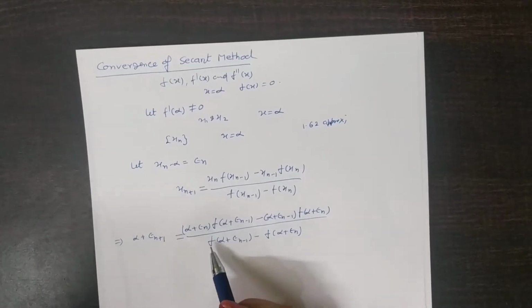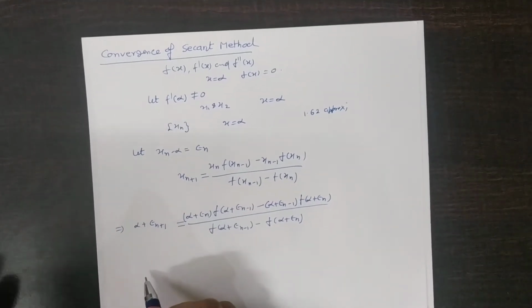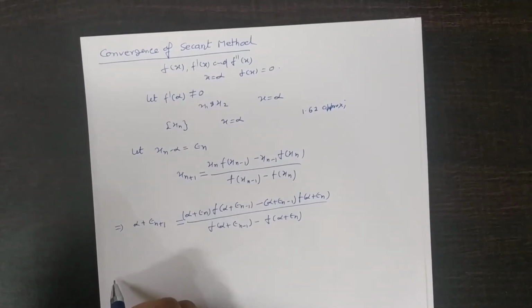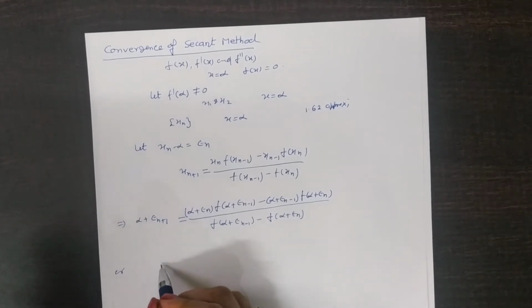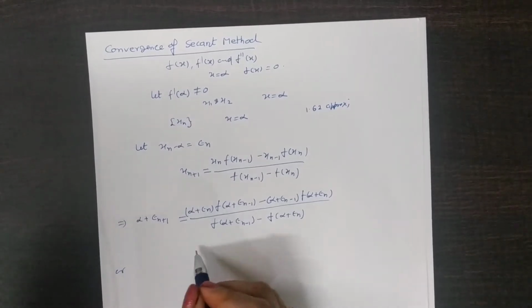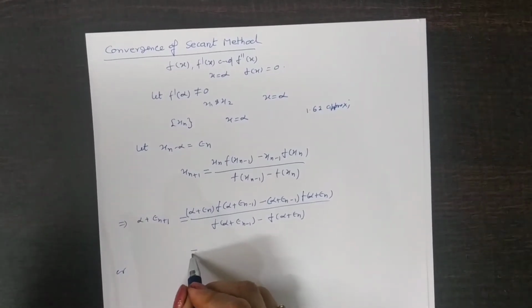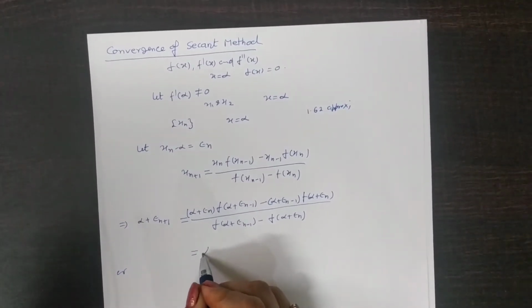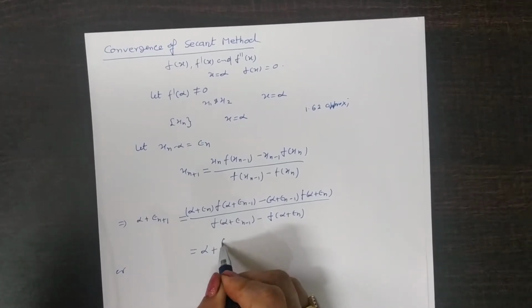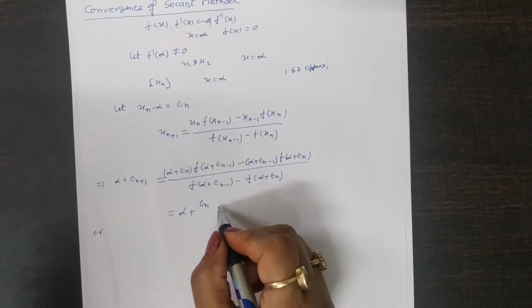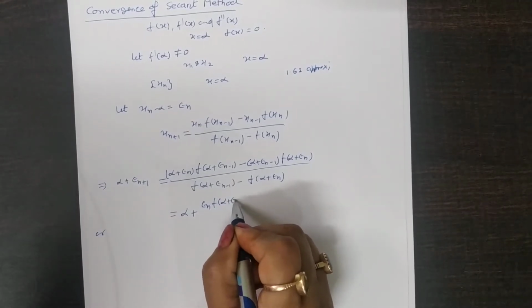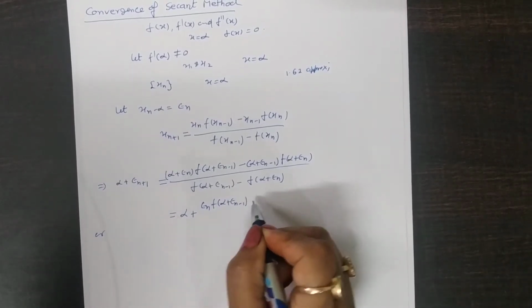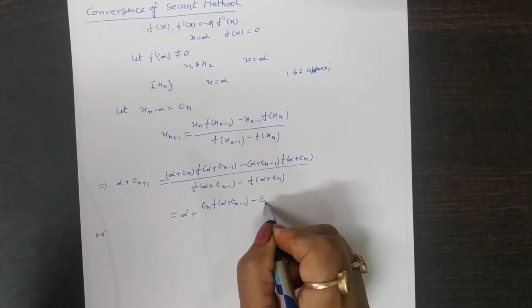Now this can also be written as alpha plus (epsilon n f(alpha + epsilon(n-1)) minus epsilon(n-1) f(alpha + epsilon n)) divided by f(alpha + epsilon(n-1)) minus f(alpha + epsilon n).